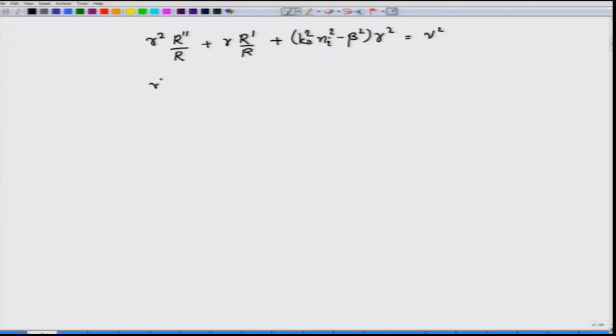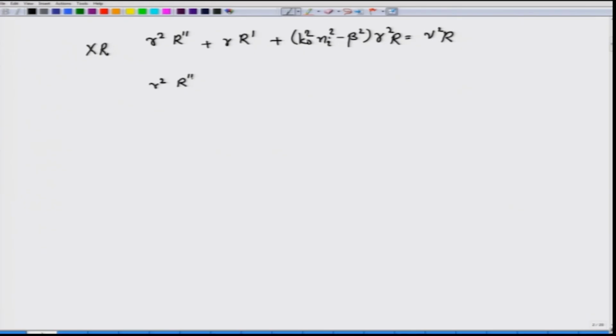I also do something: I will multiply the entire equation by r, so that this r which is in the denominator can be removed and moved to the numerator here. Okay. So, please ensure that you understand the manipulation that I am doing.